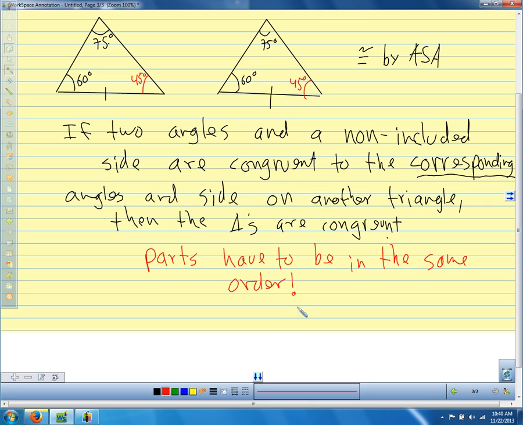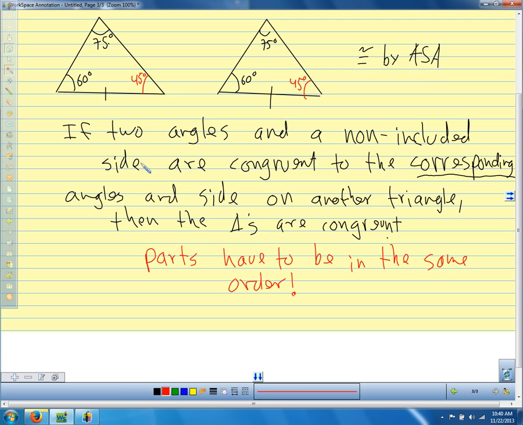We have to make sure that the parts match up in the right way before we can use it. If they match up in the right way, then what happens is exactly what we showed in this example. The third angle has to be congruent, and then it turns into an angle, side, angle. So if we can match up the parts in the right order, we can shortcut and not have to figure out that it's an angle, side, angle combination.